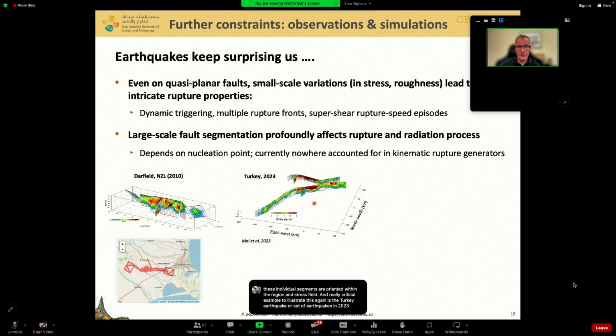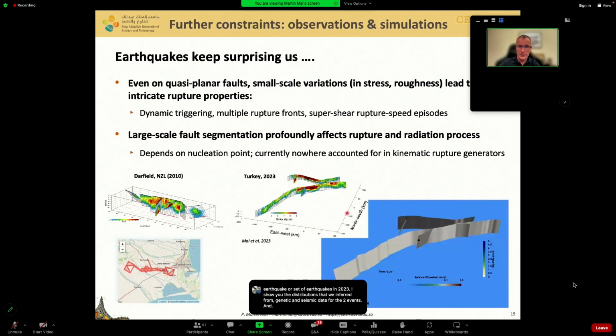I show here the slip distributions that we inferred from geodetic and seismic data for the two events. And here is a dynamic simulation by Lee et al. Oh, there's a typo here, it's Lee et al. And the point is that the rupture nucleates at a small subsidiary fault that wasn't really well known at that time.